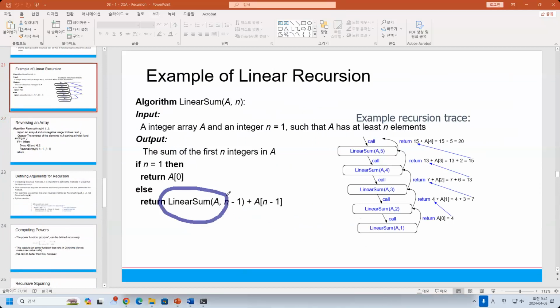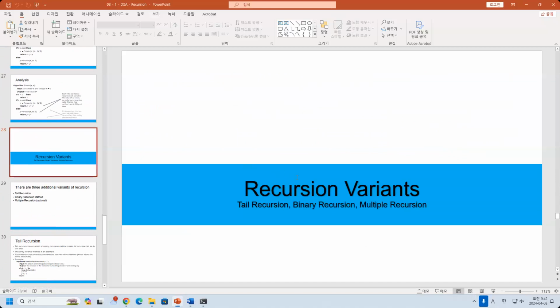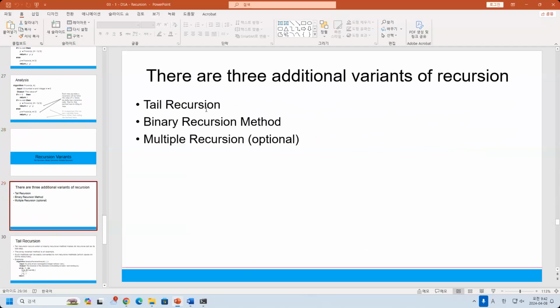We call this linear recursion. There are some variants of recursion: we have tail recursion, binary recursion, and multiple recursion. The tail recursion and binary recursion we will learn about, but I will skip the multiple recursion.